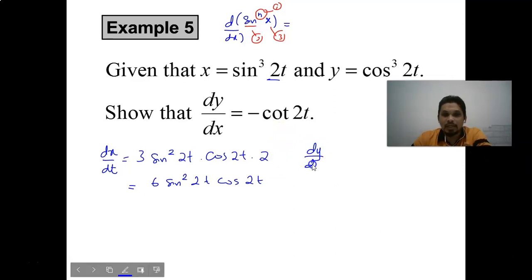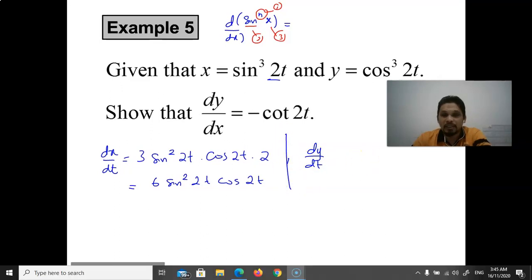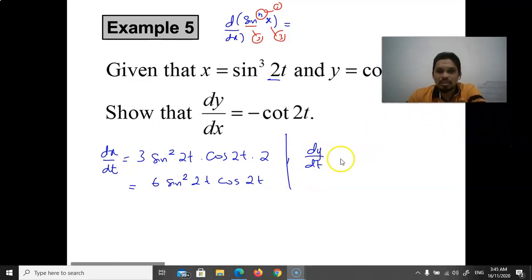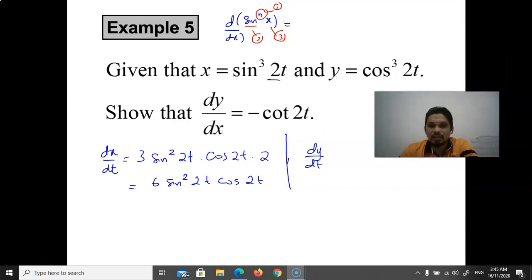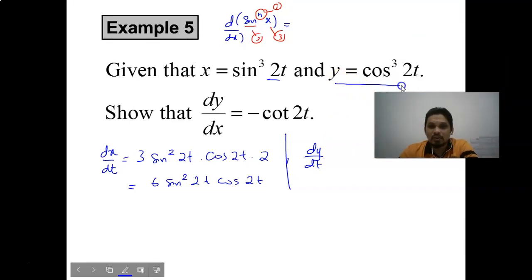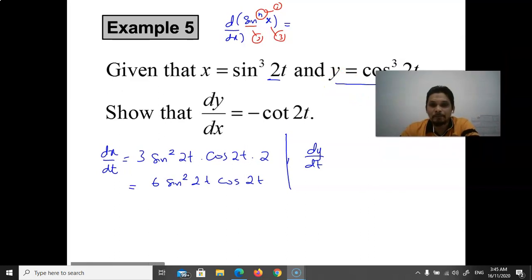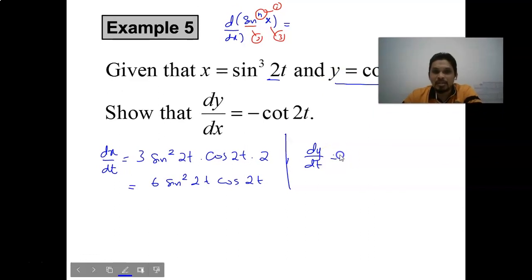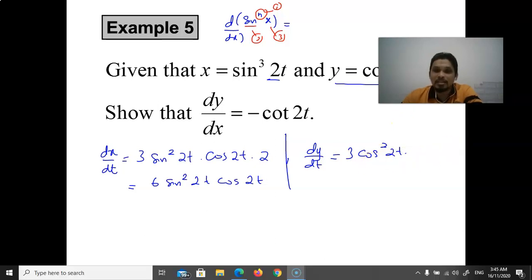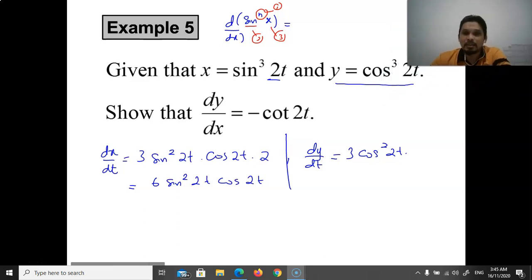differentiate for dy/dt. The question given here is y equals cos cubed 2t. So dy/dt equals differentiate the 3 and cos 2t.